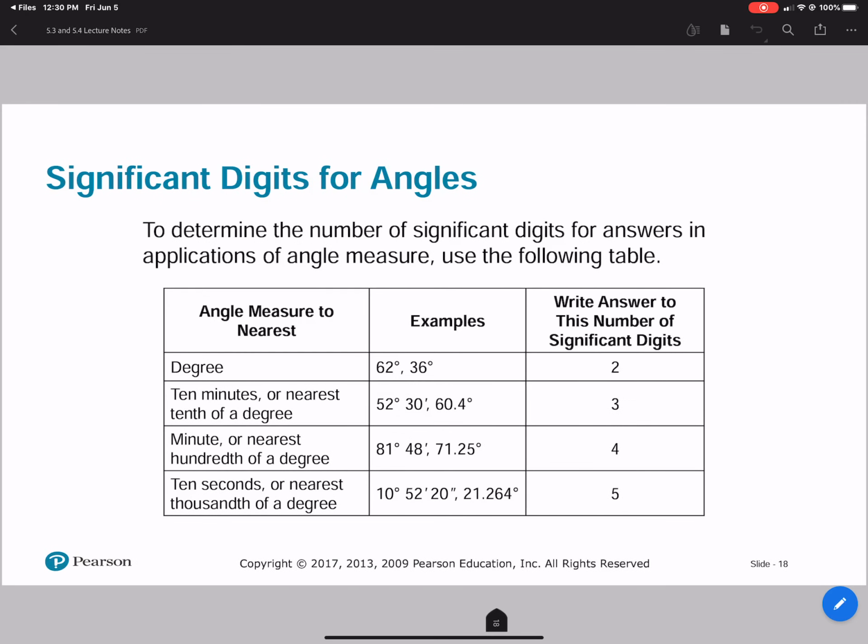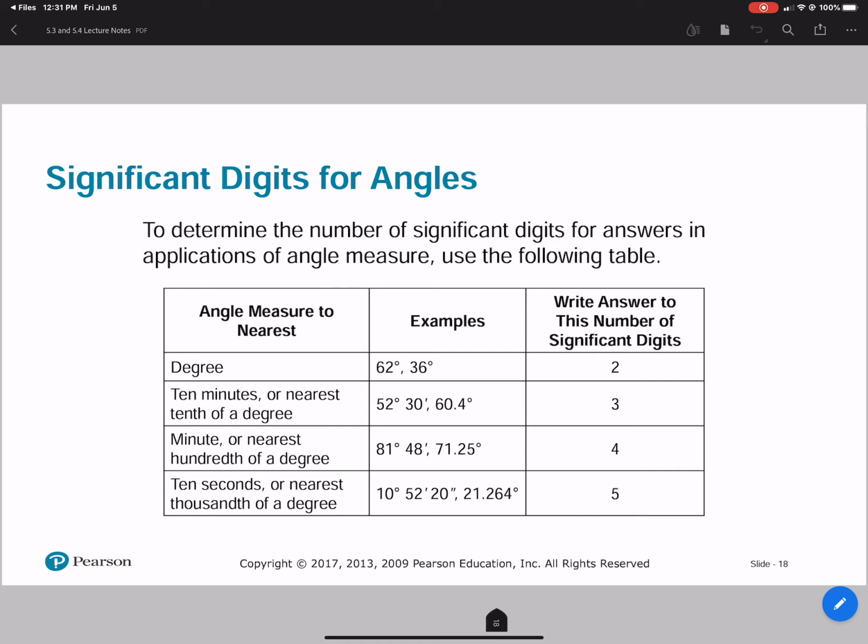Now let's think about significant digits for angles. If we look at degrees, like 62 degrees or 36 degrees, that would be two significant digits. If we had 52 degrees 30 minutes, that is three significant digits; the zero is not significant.